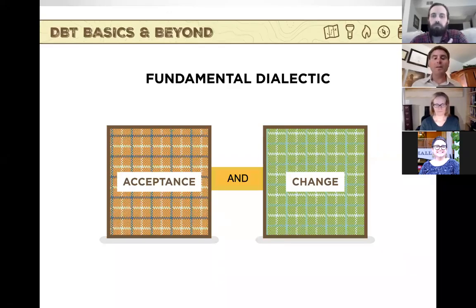Treatment was not going to work unless they felt completely accepted. But then on the other hand, Linehan realized, okay, so this population also needs to drastically change, like immediately and yesterday. Why is that? Well, because they were constantly suicidal, and their ways of coping were making things even worse, right? They're in hell. They need to change.